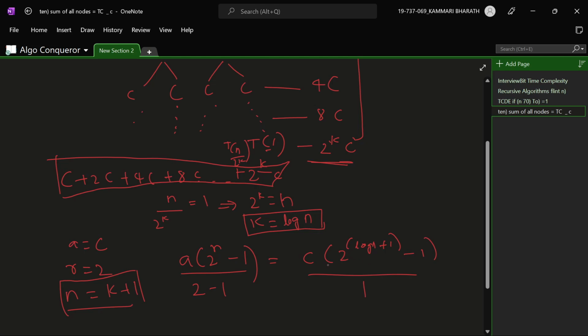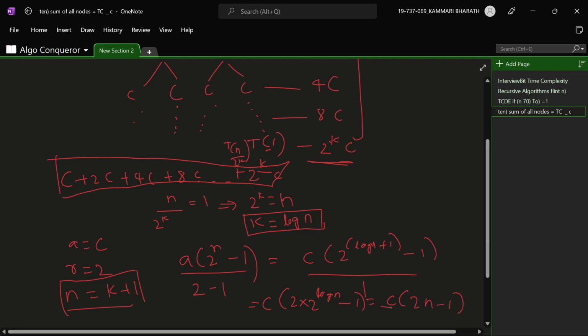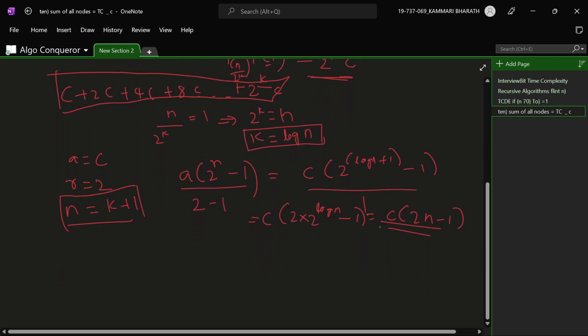Now we can write this as C into 2 into 2 power log n minus 1. 2 power log n is n. So this will give you C into 2n minus 1. Now how will you write it in terms of big O notation? Now you got the number of instructions is equal to 2nC minus C. What should you do?